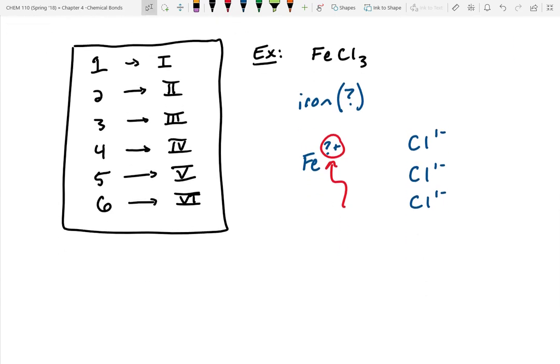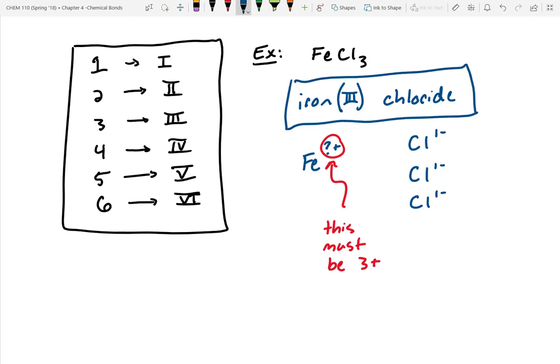So all I'm going to do is say this must be 3+. So when we do our naming system, I say iron 3, and then we want our anion, which is chlorine, but with an -ide suffix. Does that make sense? So when you are stuck, use your anion as a guide. The anion charge will help you predict what the charge must be for your transition metal.